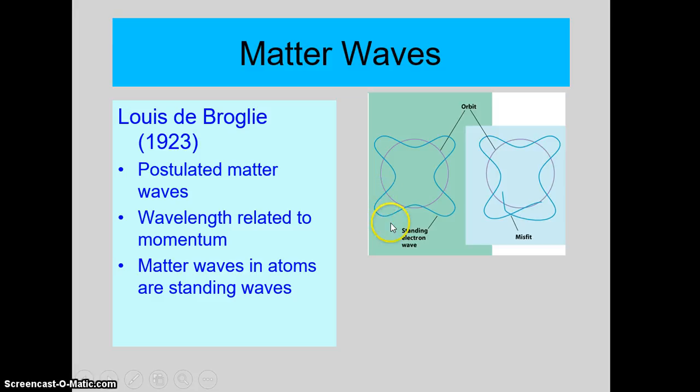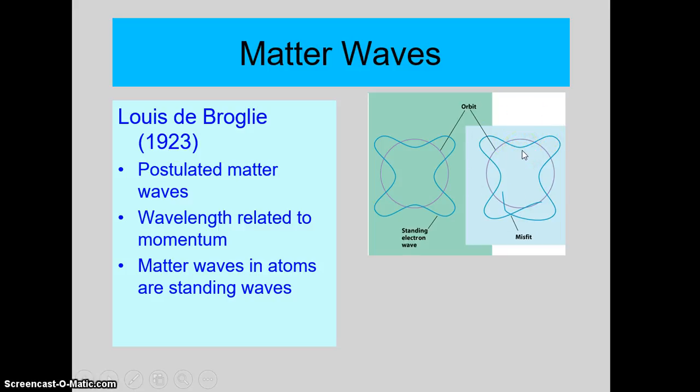And if it's a wave, the wave has to be able to complete itself as it waves around the nucleus. When a wave completes itself, these are called standing waves. Any physicist at the time would have known instantly what he was talking about. But when waves do not complete themselves, where the wave does not end basically where it started, those waves are not allowed.